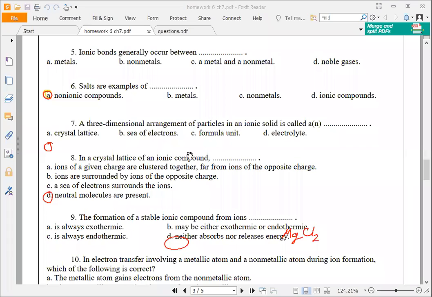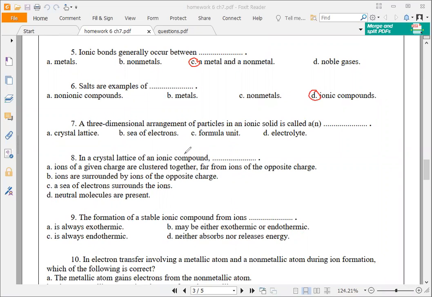Question number 5. Ionic bonds generally occur between C, metals and non-metals. Continue. 6. Salts are examples of ionic compounds, D. Ionic compound. 7.